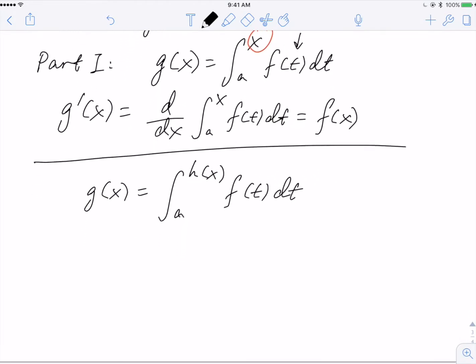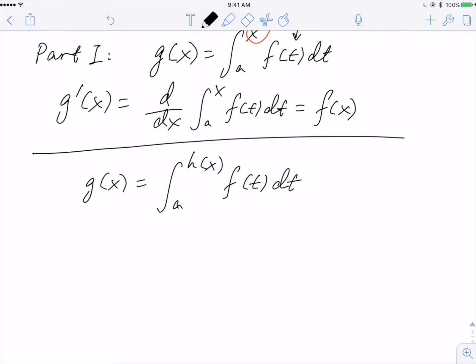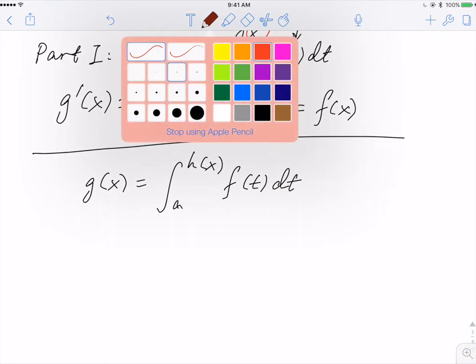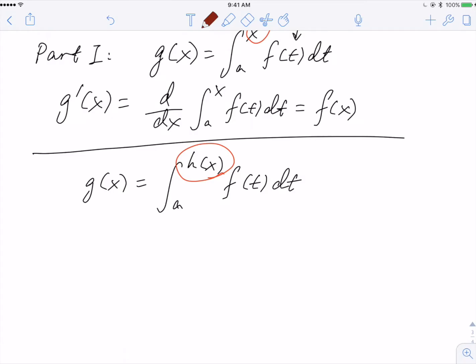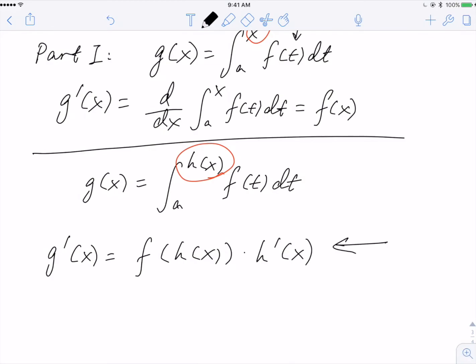So the conclusion will no longer be the same because the upper limit here is a composite function, so we cannot just say it equals f of x. So g prime of x is actually equal to f of h of x, but we're not done yet. According to the chain rule, we need h prime of x as well. So this conclusion is very important, and there's a high chance it's going to be on the exam.